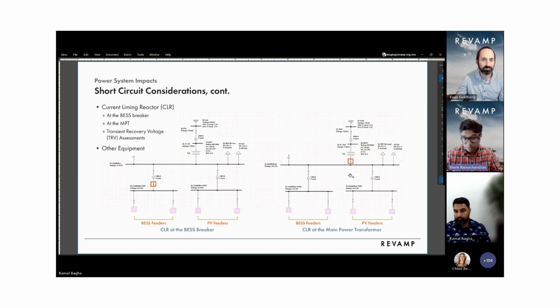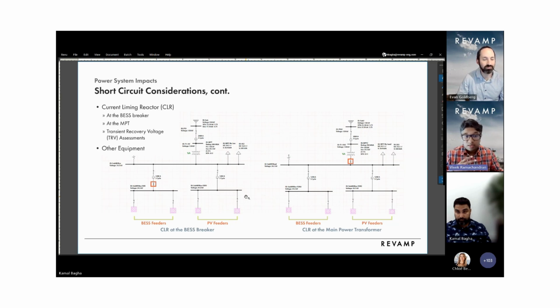In cases where it's just the BESS feeders that are seeing a bulk of the fault current, it makes sense to have the current limiting reactor in series with the BESS breaker. So the effect of the CLR is localized, and it's just protecting the BESS system, and the drawback is also only observed by the BESS system. But in cases where both the BESS and PV feeders are seeing this, you would need to put the CLR in series with the transformer, which means the losses will be seen on the entire system.